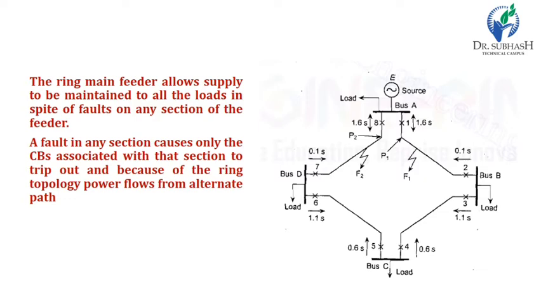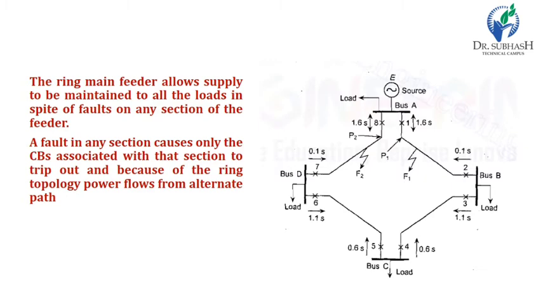because if we use a plain overcurrent relay, it will not sense the direction. This is the ideal direction of current flow, but if the fault occurs here, then current flows from A to the F1 path and the other current flows through the alternate path from bus B to F1.